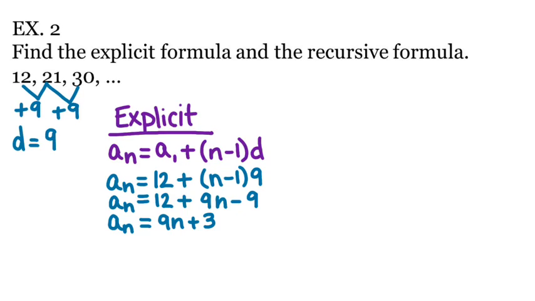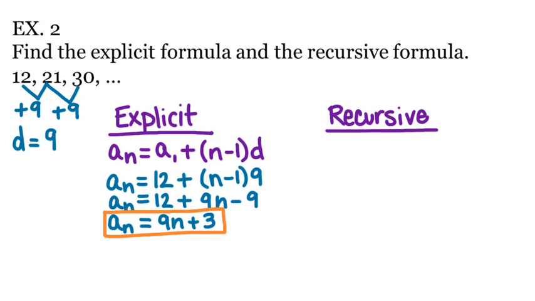The other type of formula that we're going to write is the recursive formula. So here's the information that we need for a recursive formula. You have to know the first term, so that's a sub 1. And then your formula is going to be a sub n equals a sub n minus 1 plus d.